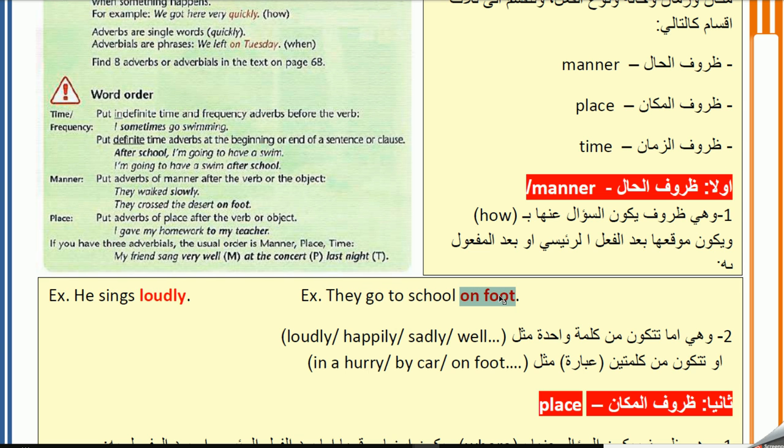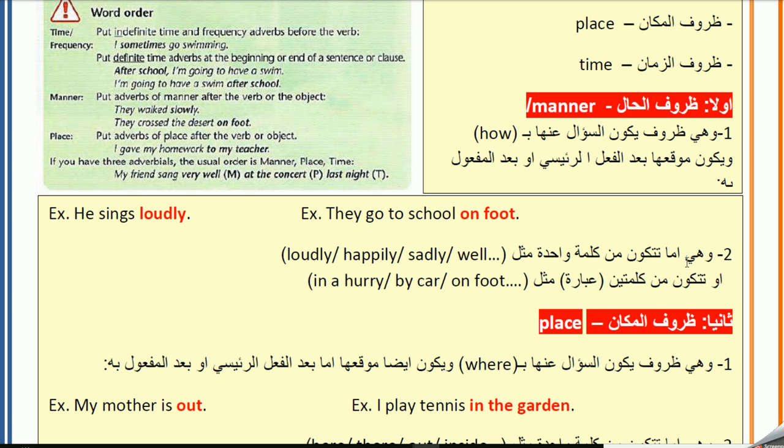Here, on foot, adverb of manner, comes after the object. So, number two, adverbs of manner may contain one word, such as loudly, happily, sadly, well, or two words or a phrase, such as in a hurry, by car, on foot.